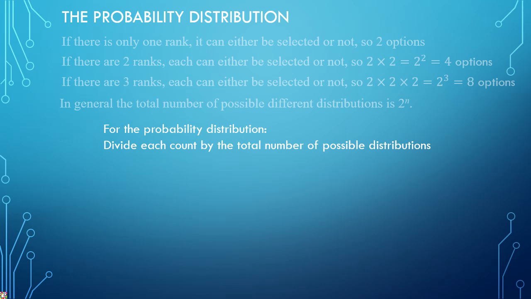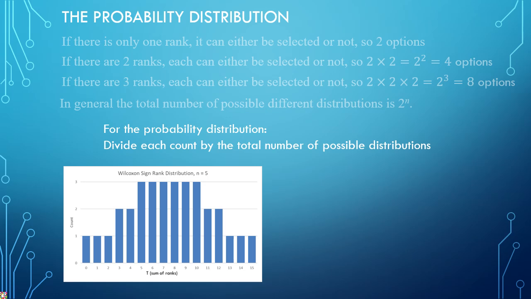We can use this to determine the probabilities. So we can simply take the count that we saw with the previous one, and then divide that by the total number of possible distributions. So in this example, for this one, we would take the 2 and then divide it by the total number of possibilities with n equals 5.